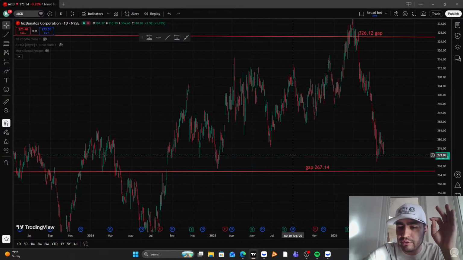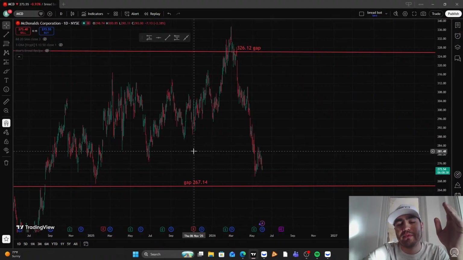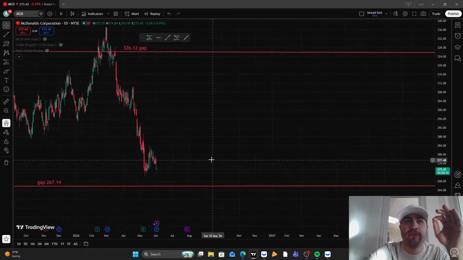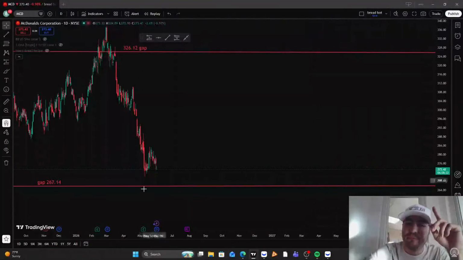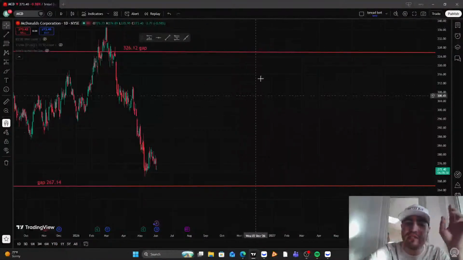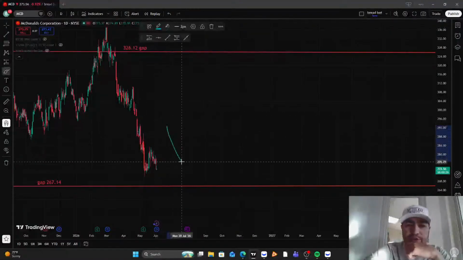So I'm kind of looking at a LEAP play here. Well, a LEAP play is more than a year. I'm looking for a swing trade here. I'm looking for this to consolidate, squiggly, wiggly line up over here. I need to start drawing stuff.